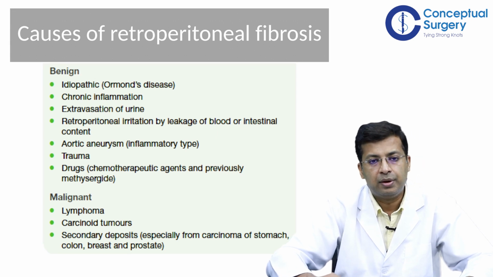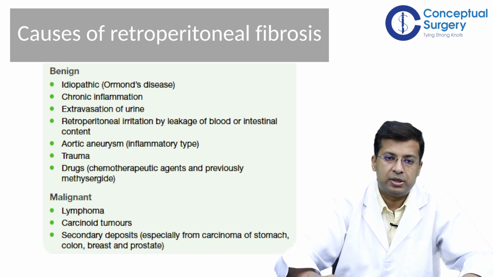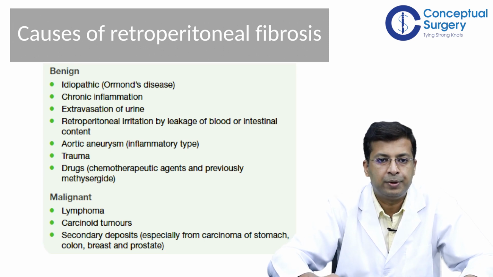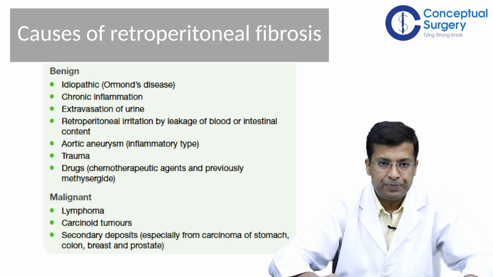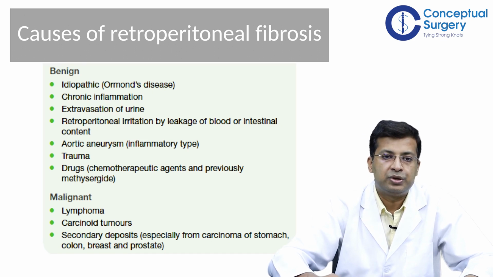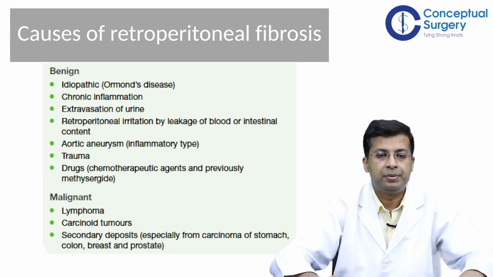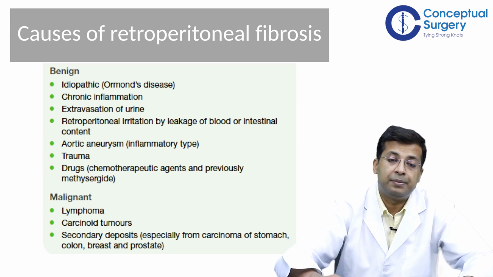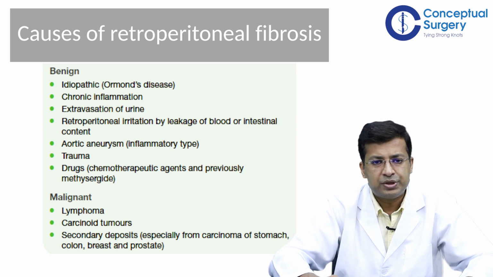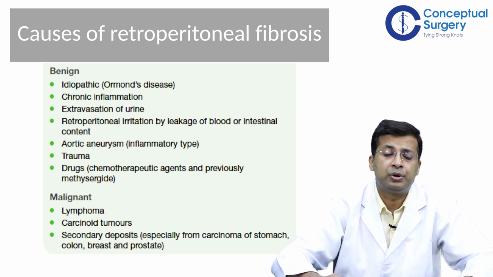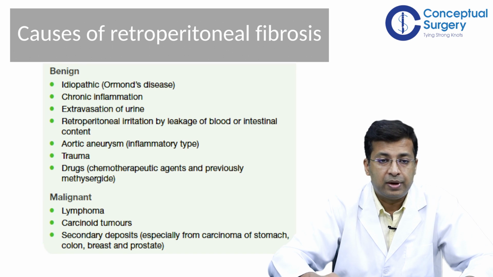It can be secondary to extravasation of urine, which causes inflammation and fibrosis in the retroperitoneum. It could be irritation in the retroperitoneum due to a leakage of blood or intestinal content. It could be secondary to inflammation of an aortic aneurysm. It could be secondary to trauma, and some drugs like methysergide, which is not used anymore, and some chemotherapeutic agents can also give rise to retroperitoneal fibrosis.